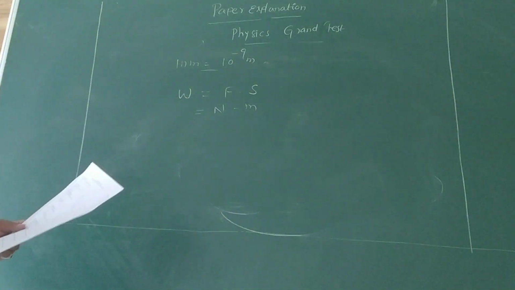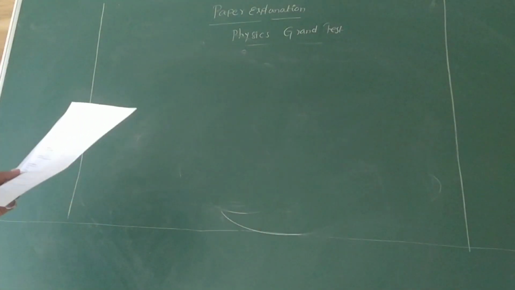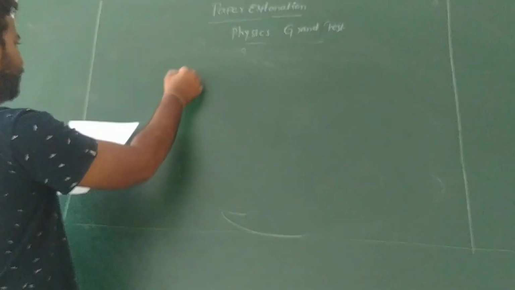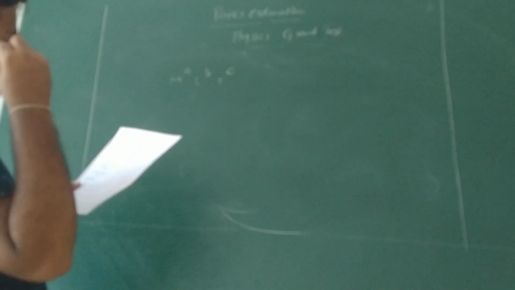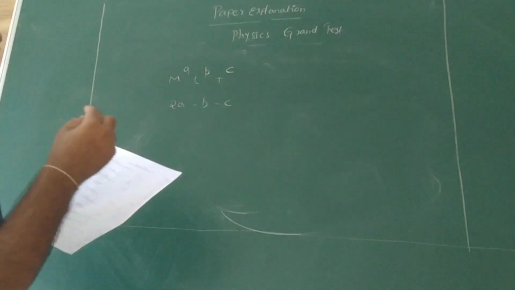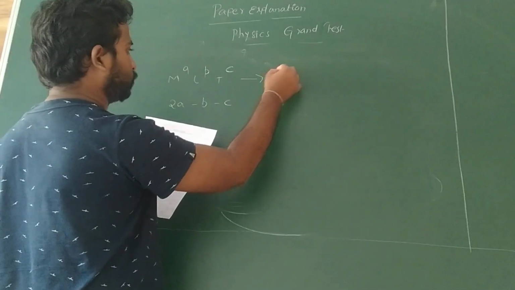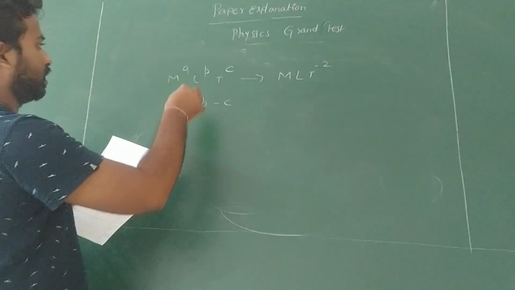And see the next question. It is a units and dimensions related question. They given M power a, L power b, T power c as the dimensional formula of force. Find the value of 2a minus b minus c. We know clearly the dimensional formula of force is M L T power minus 2. So now we can equate.